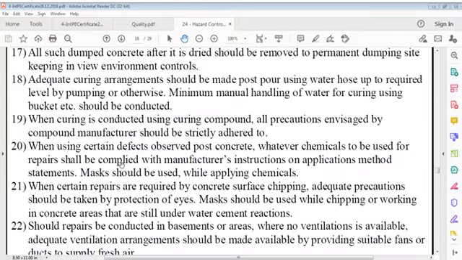Something is there that can enter your eyes, that can stick to your skin, because it is sprayed. So every care must be taken, using a gun or spray tool for this curing.